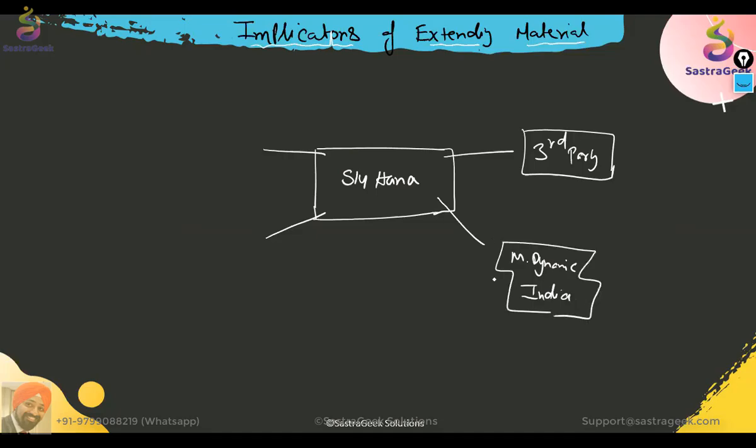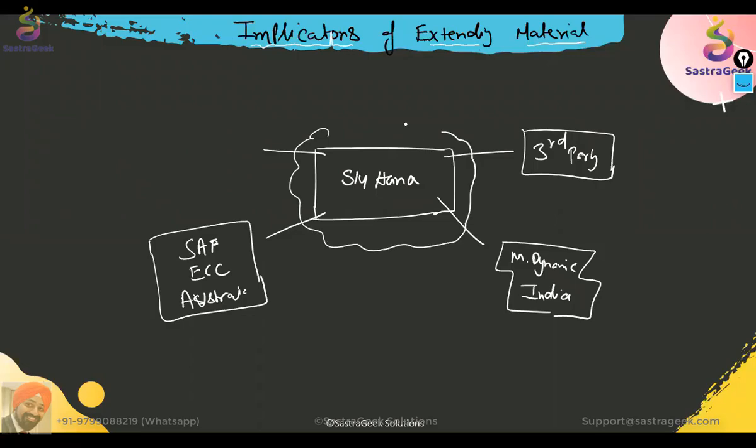You are on S/4HANA, and it needs to link with this system. It needs to link with your SAP ECC system. Let's say another region, your Australia region, is using this system, and you have a linkage with it. So you need to understand what the linkage with the periphery systems is, and what kind of integration you have in these periphery systems.